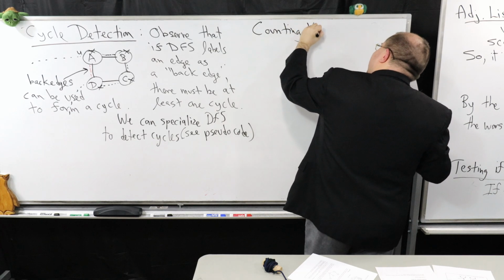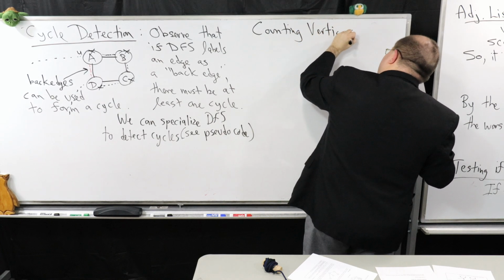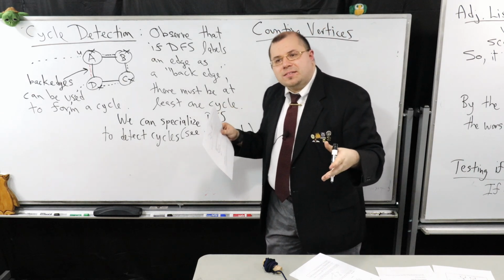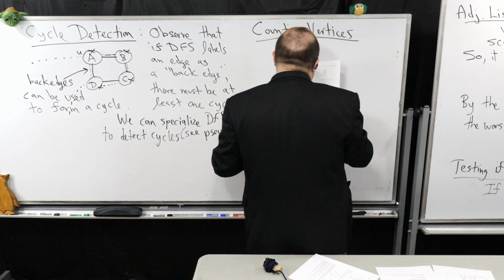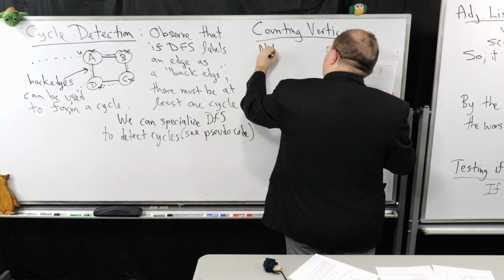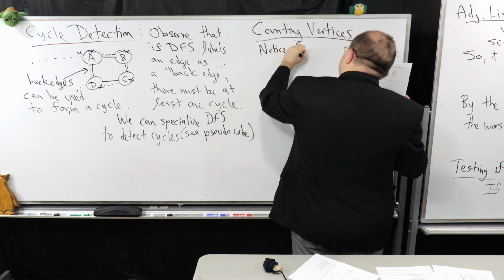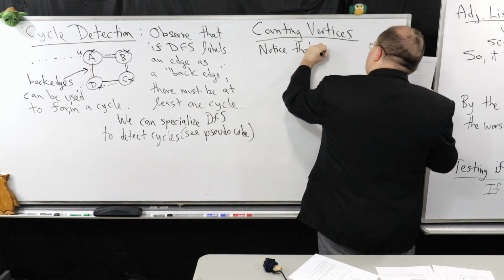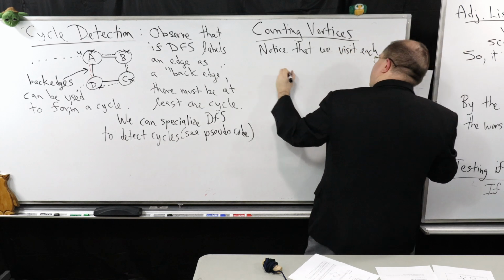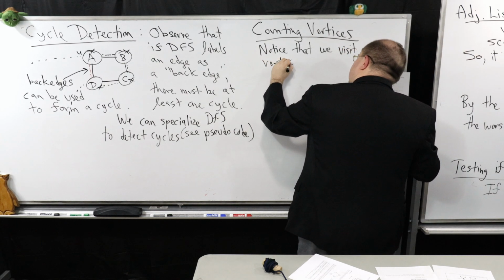So suppose I want to count all the vertices in the graph, or for example, in a given connected component, if we want to be a bit more specific. The first thing I want to point out is that we visit each vertex once.